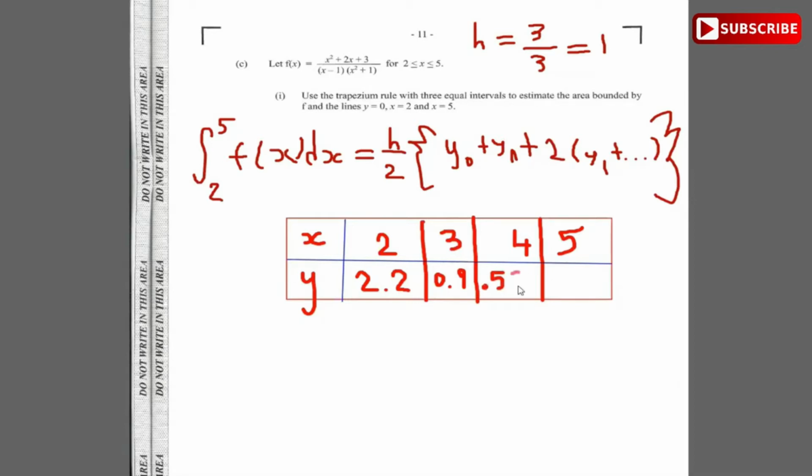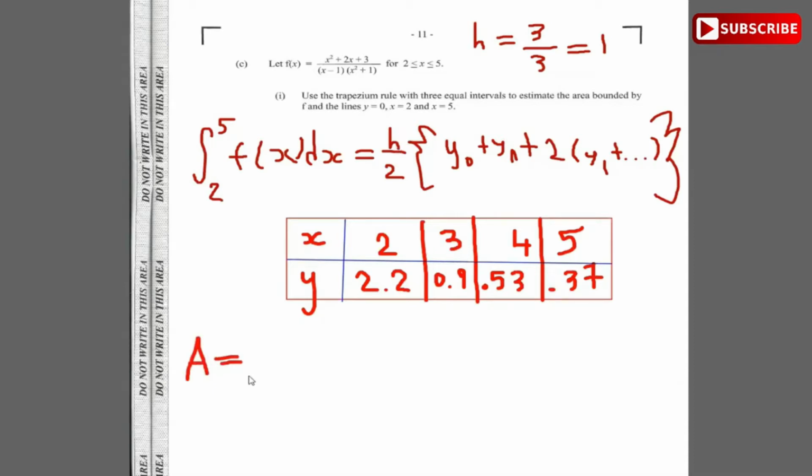Then I plug in 5, and I'm getting 5 squared plus 2 times 5 plus 3 is 38, divided by 4 times 26, and I get 0.37.